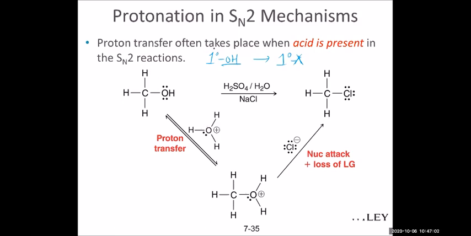Primary also just favors the SN2 reaction. It's good for the nucleophile to attack. But this reaction is still difficult because OH is not a good leaving group. You cannot just have some halide come in and kick out the OH. The carbon-OH bond is very strong. So again, we use protonation first, with the acid turning the OH group into a better leaving group, like water.